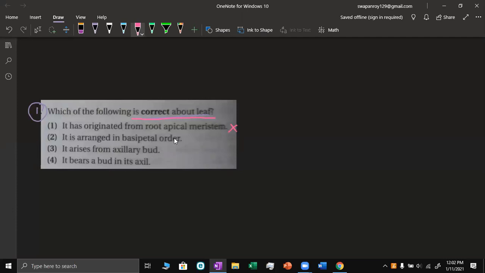Number two, it is arranged in basipetal order. What about this? The leaf arranged in basipetal order. Do you have any idea about the basipetal order?